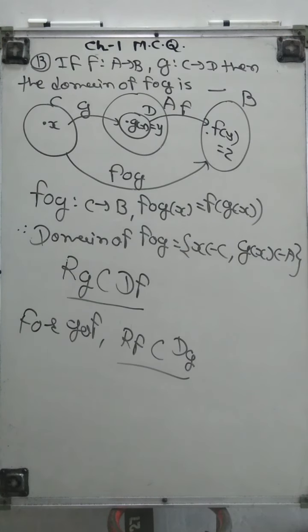Then you can do this GOF and FOG function. So always remember this diagram for FOG and the previous sum for the GOF, right? Then you can do the sum very easily, or you can find your domain, range, or codomain, etc. Right? Now we go for the next one.